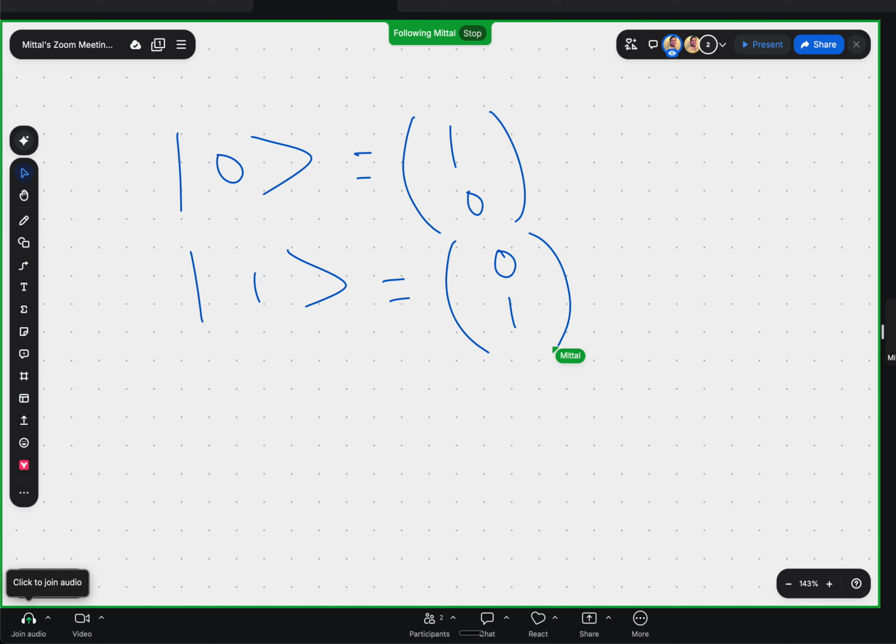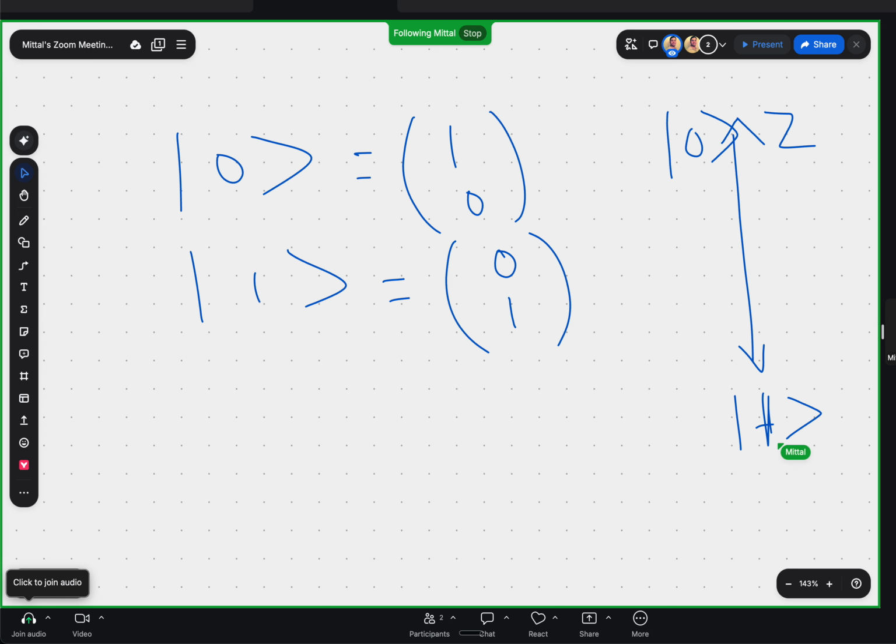Now we're going to draw a three-dimensional axis just in a second, but let's say this is the z-axis, and the positive end of the z-axis will be the 0, and the negative end of the z-axis will be the 1 vector.